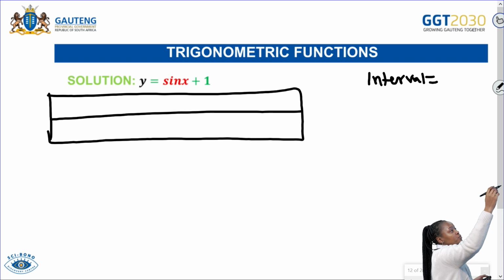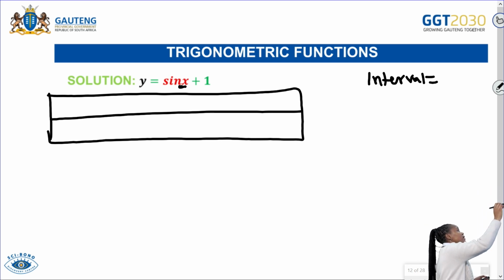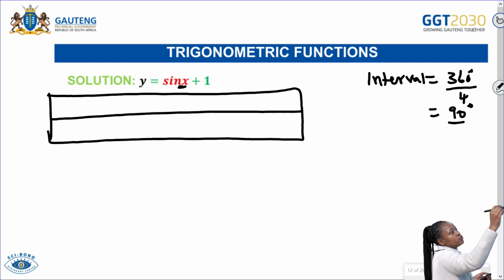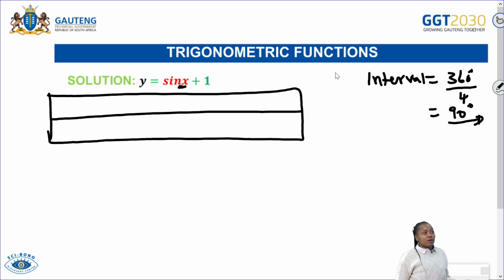So it's going to be the period of the graph of sine. You don't have any k here. So it's going to be 360 degrees divided by 4 and you'll get 90. So we're still using the intervals of 90 degrees, or if you are using your calculator, the part where they say you must substitute your step, you substitute the 90 degrees.